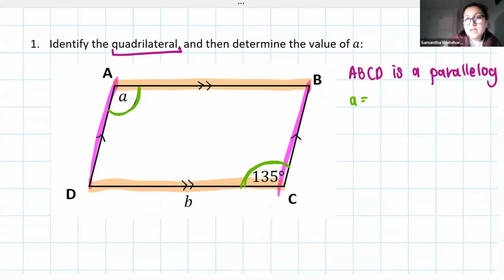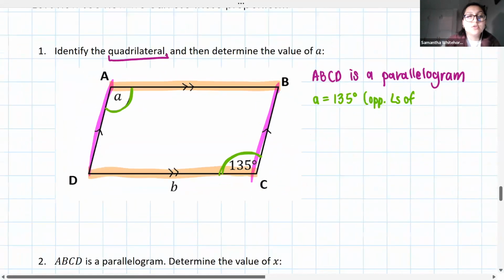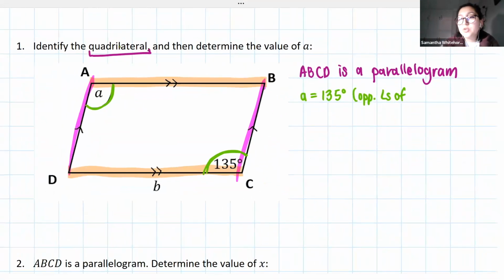And so we can say that A is equal to 135 degrees because opposite angles of a parallelogram are equal. Now guys, parallelogram is a very long word. You don't have to write parallelogram. There's two ways you can write it. Either you can say "palm", that means parallelogram, or you can draw your parallel lines and then almost like an exponent, put an M. Both of those mean parallelogram.